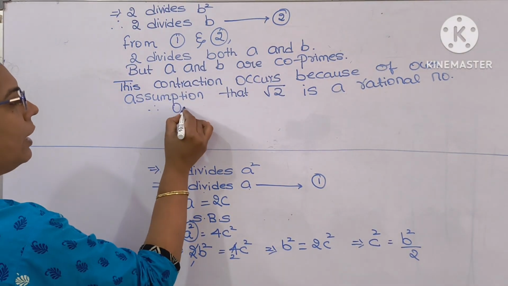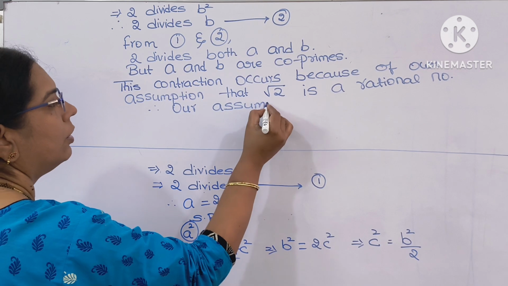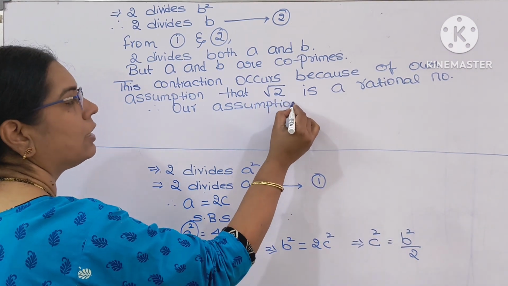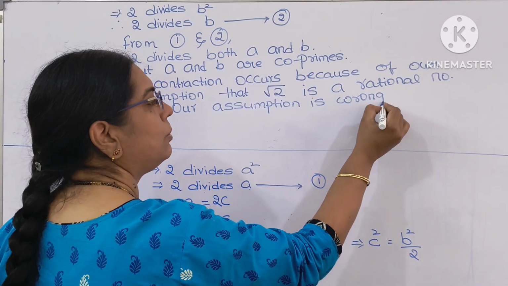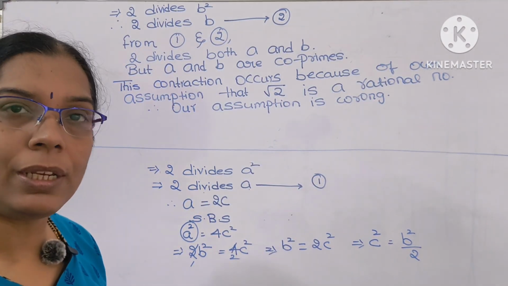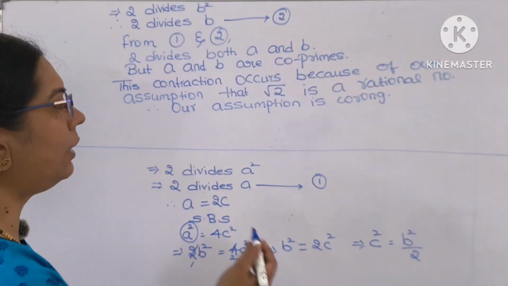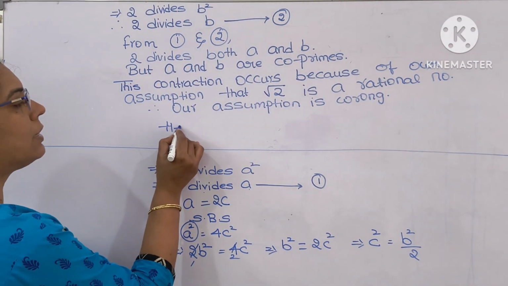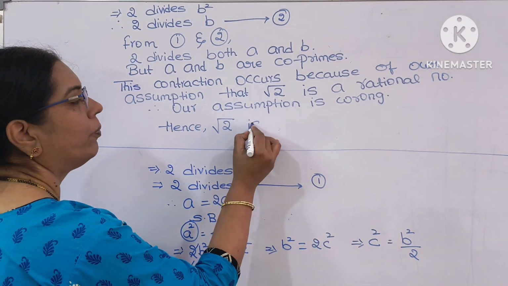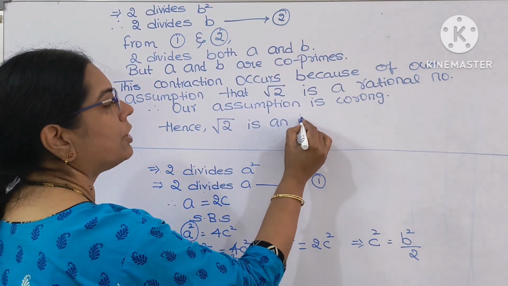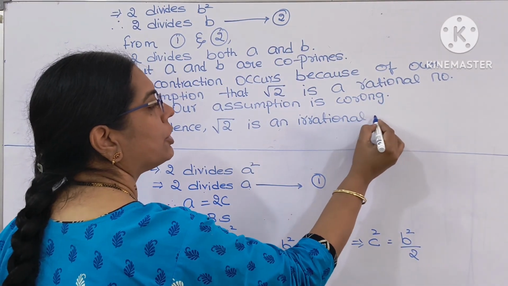Therefore, our assumption is wrong. If our assumption that root 2 is a rational number is wrong, then what is the correct statement? That root 2 is an irrational number. Hence, root 2 is an irrational number.